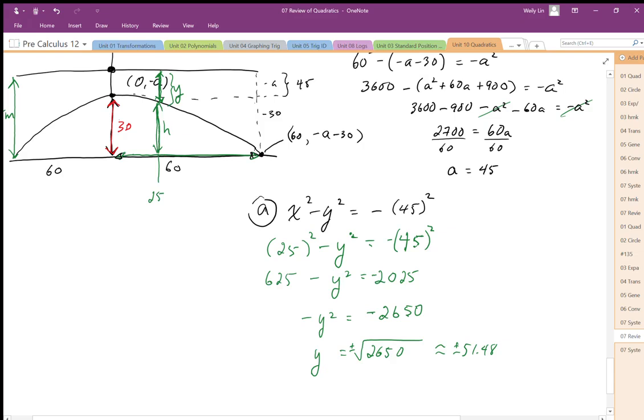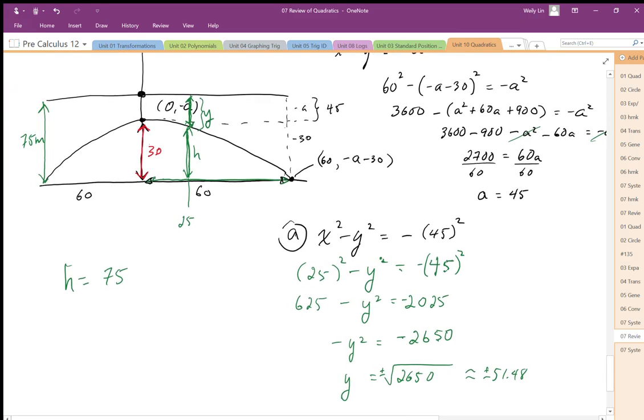I want the height. So my height relationship is height is equal to the total length of 75 minus my y position, the absolute value of my y position. So my height at x equals 25 works out to be 75 minus that amount.